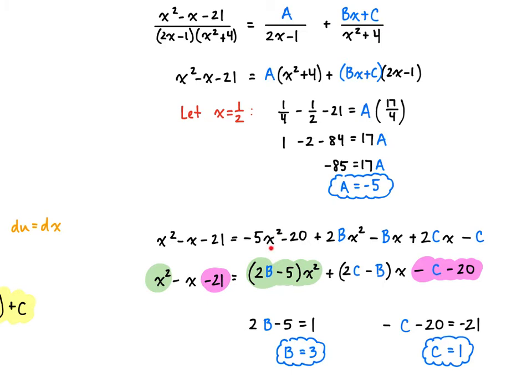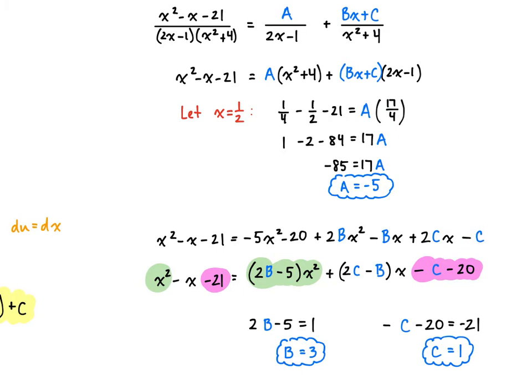For my quadratic coefficients, I have a -5 and this positive 2B, so I'm rearranging it: 2B minus 5 times x squared. Then for the linear coefficients, we have a minus B and a plus 2C, so that's 2C minus B times x. And then all of the constants: we have this -20 and this -C here.